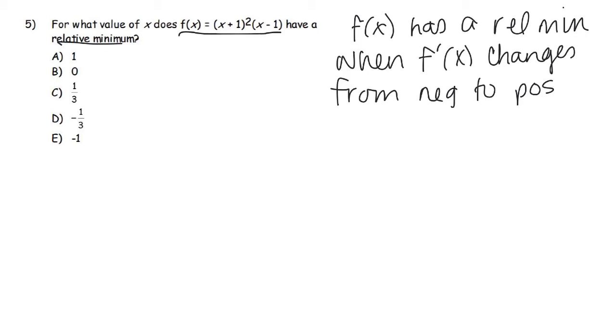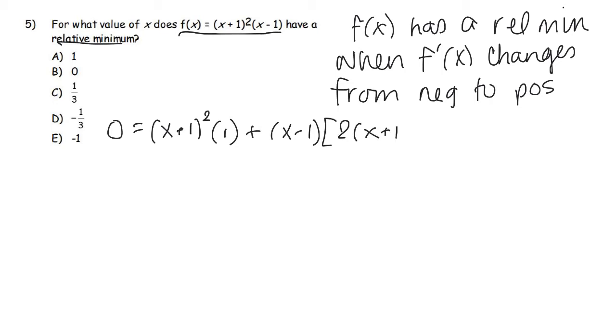So I'm going to say 0 equals, and if I do my derivative here, we have the first times the derivative of the second, which is just 1, plus the second times the derivative of the first, so x minus 1 times the derivative of the first. For the derivative of the first, we need the chain rule, so we're going to have 2 times x plus 1 raised to the first times the derivative of the inside.